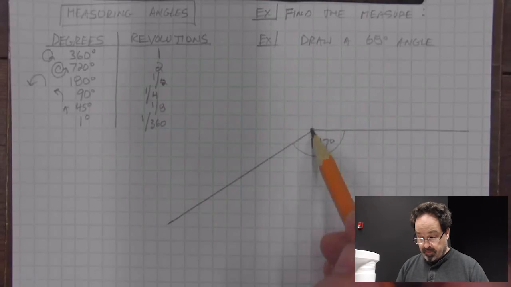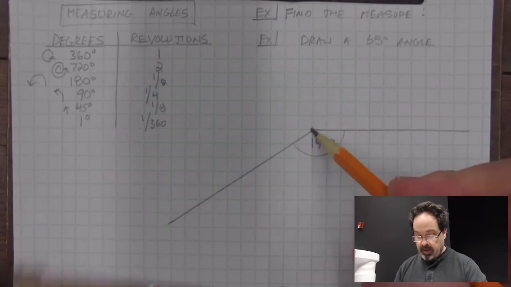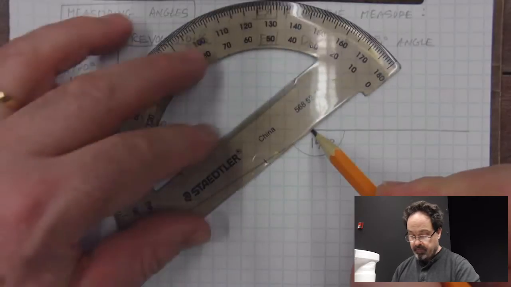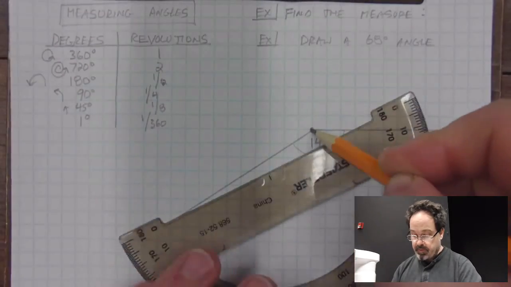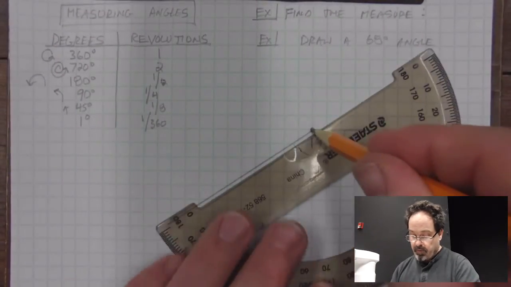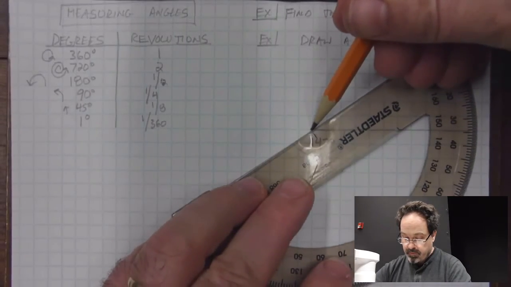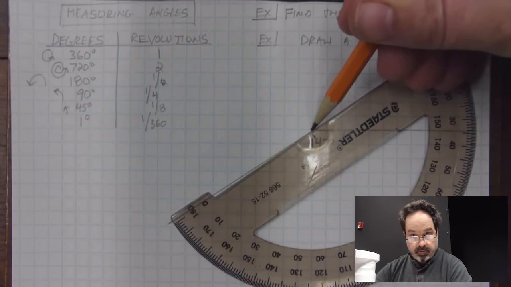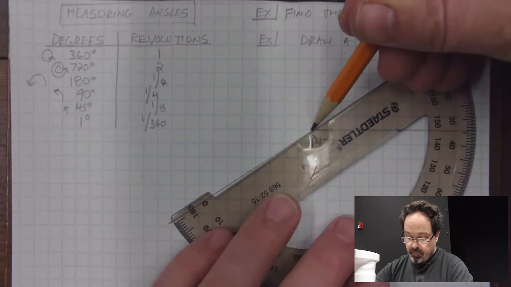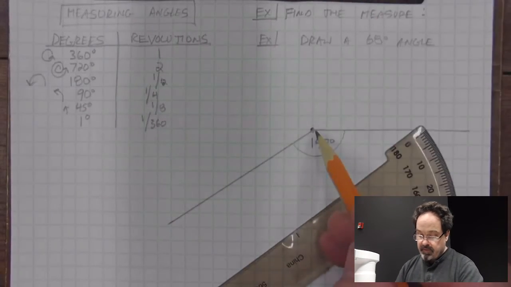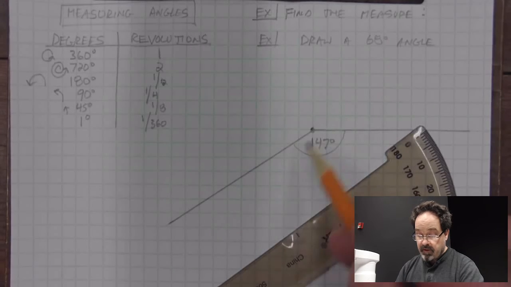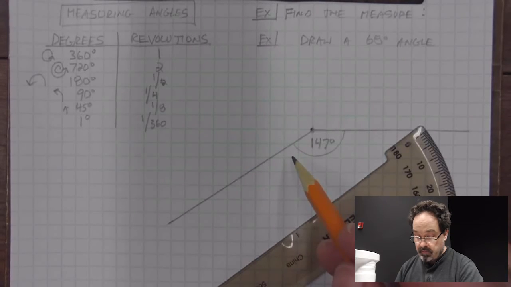I'm going to use this point as a vertex again. First I'm going to investigate where I have room for this on my paper. So I hold the protractor here where I have room, and I'm going to put the pivot point of the protractor at the vertex of the angle that I'm going to create. I'm going to use this side to be one of the sides of the angle that I'm about to find.